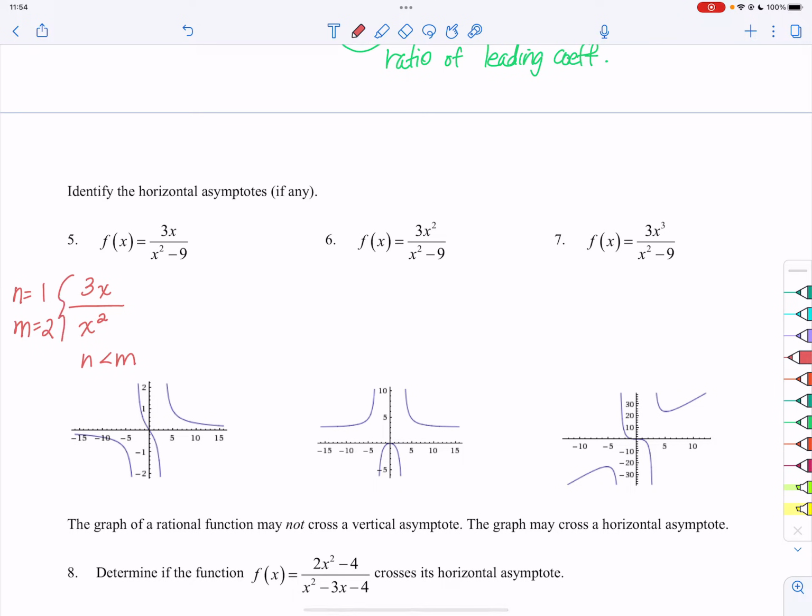So we have y equal to 0 is a horizontal asymptote. Okay, let's look at number 6. We have n equal to 2, and we have m equal to 2. So these degrees are the same. So we have to make a ratio of these coefficients. y equals 3 over 1, or y equal to 3 is a horizontal asymptote.